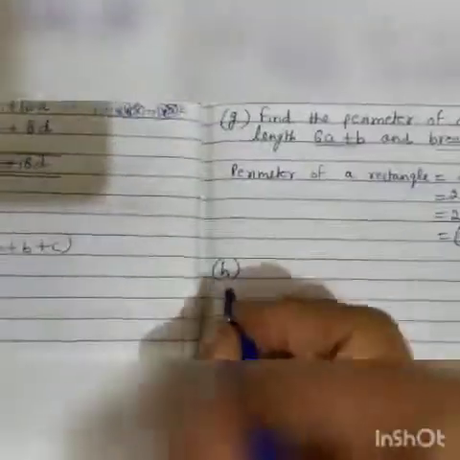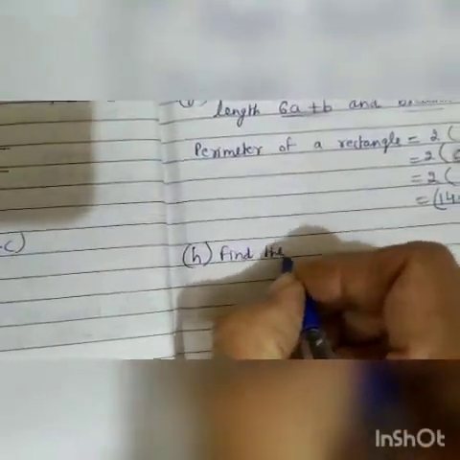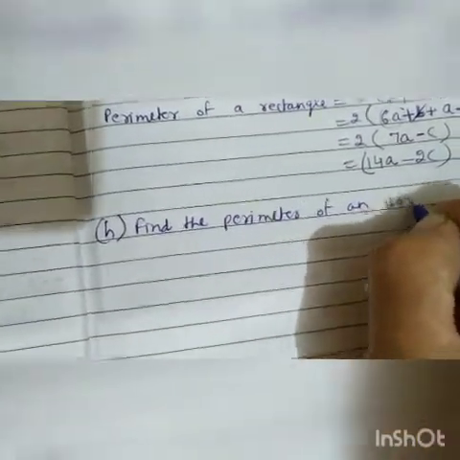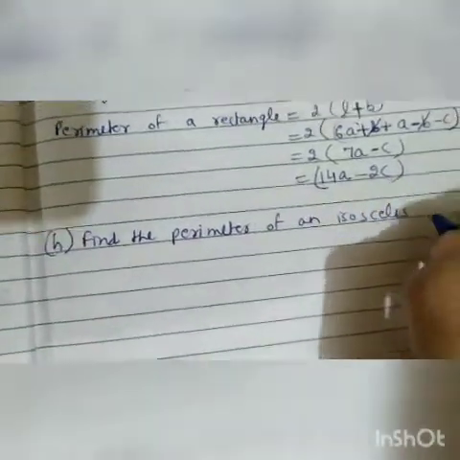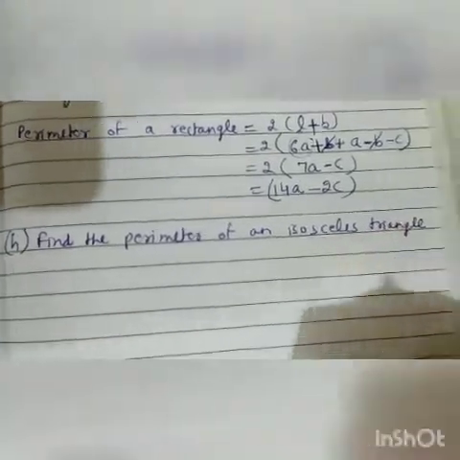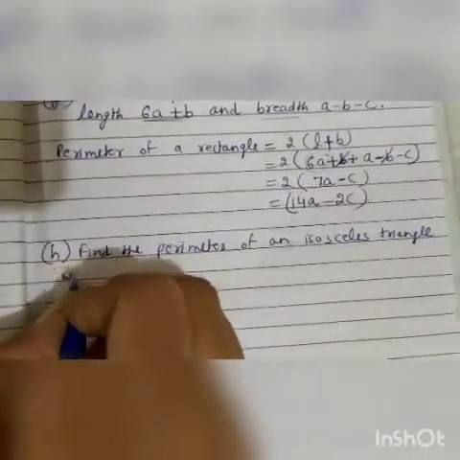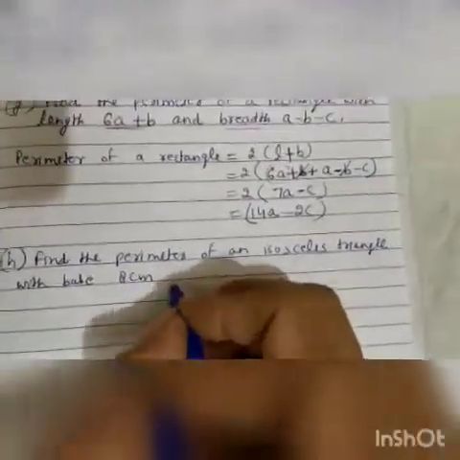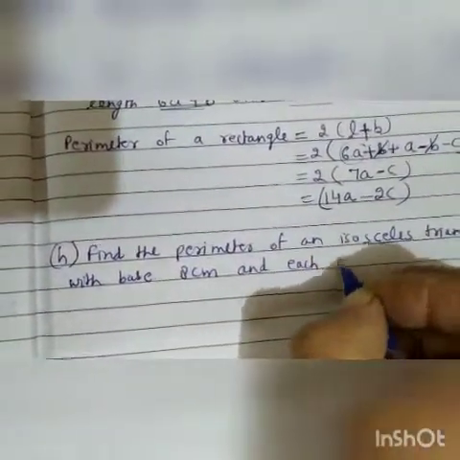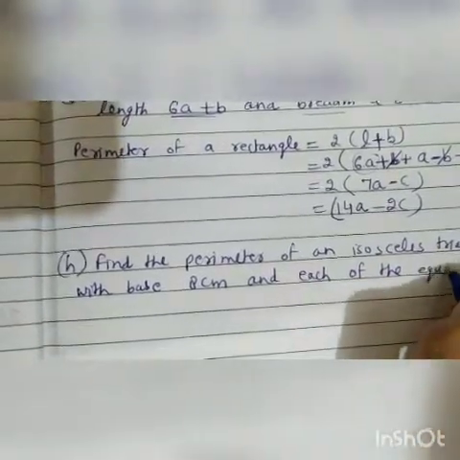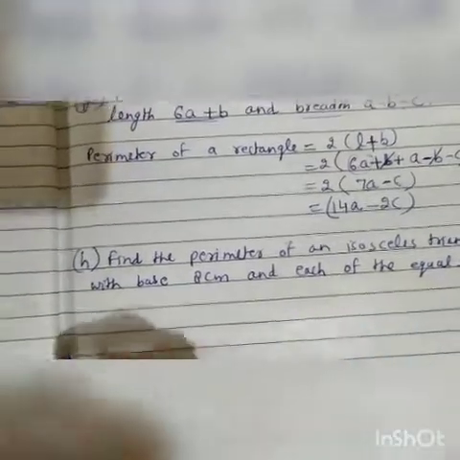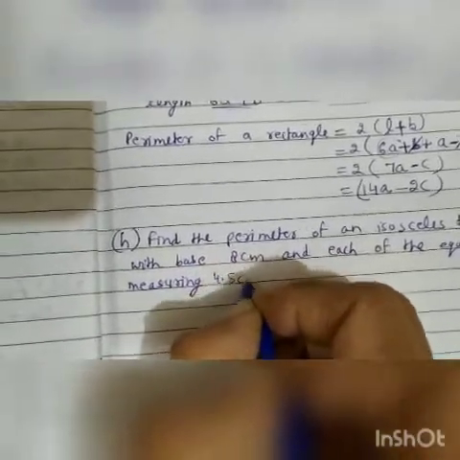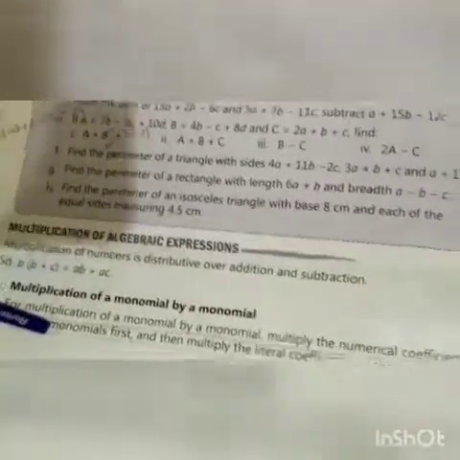Find the perimeter of an isosceles triangle with base 8 centimeter and each of the equal sides measuring 4.5 centimeter. This is the H part.